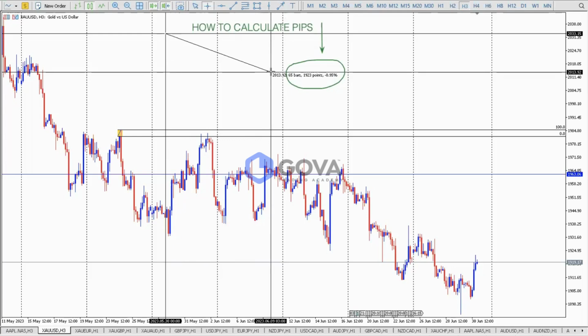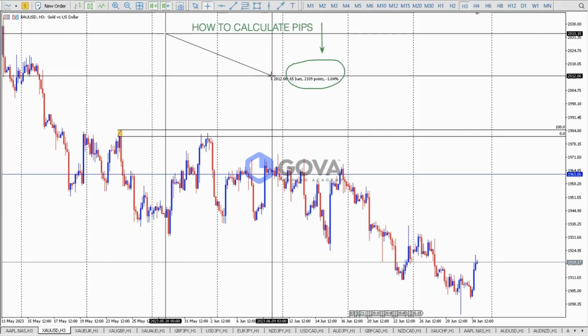You can see that the points in this circle is 1923, right? So we need to throw the last number out. The last number here is 3, so this is 1923 points. But in pips, if we throw the last number out, which is 3, it is going to be 192 pips. You understand?